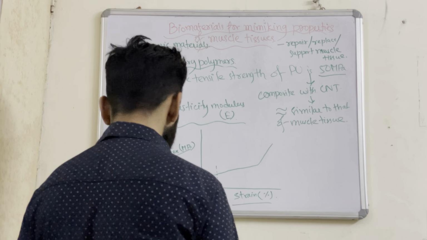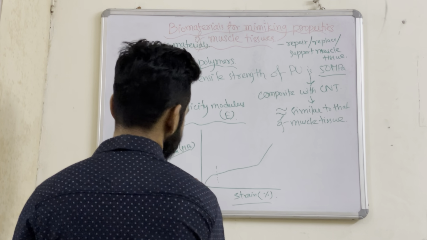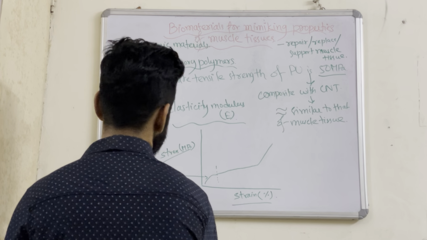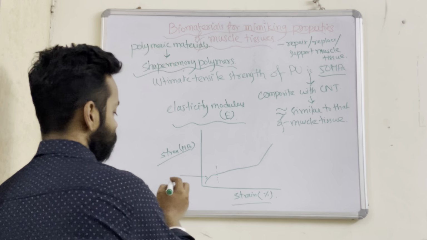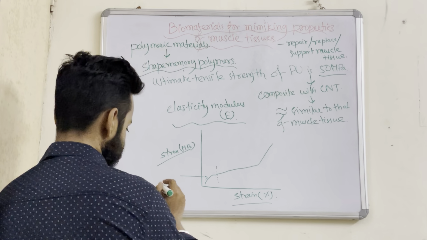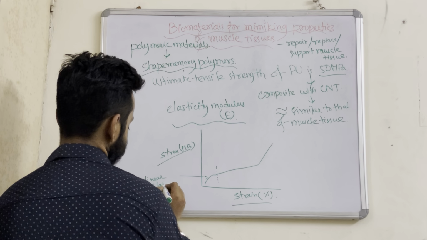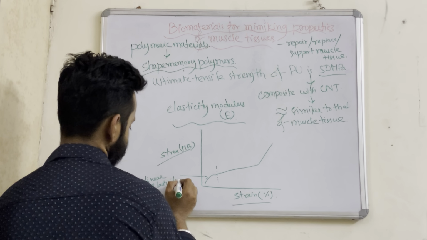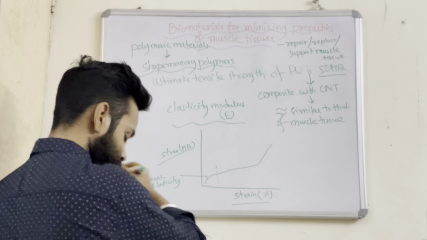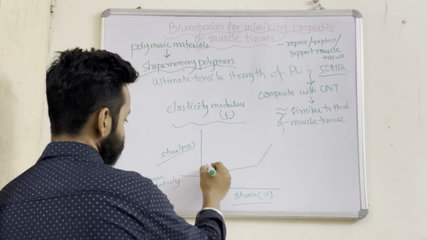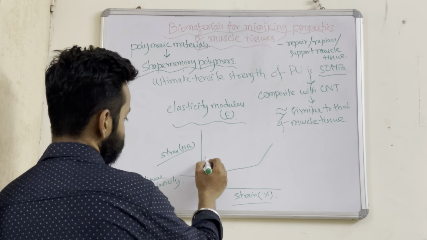In this stress strain diagram, we see one region which represents the linear elasticity, then we see the point which is known as the yield point.